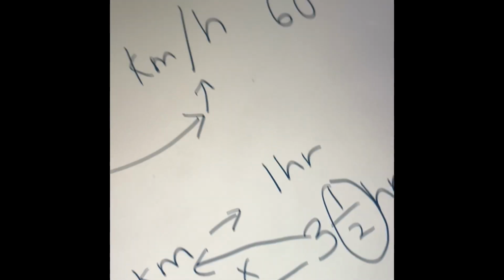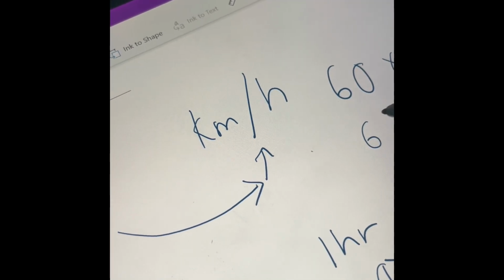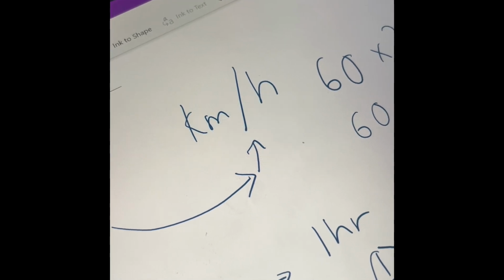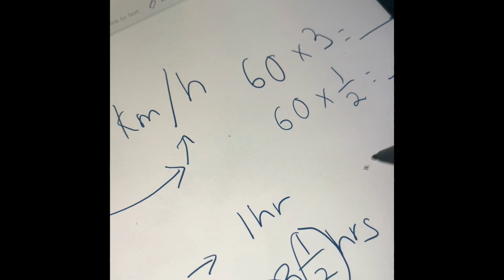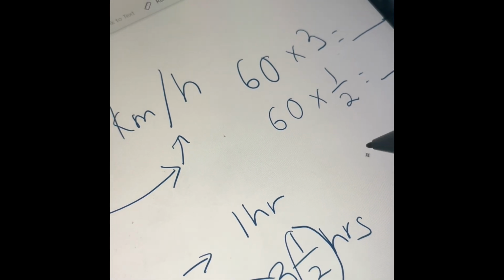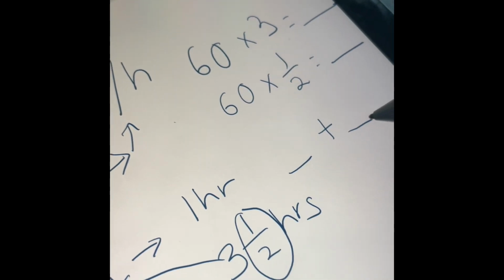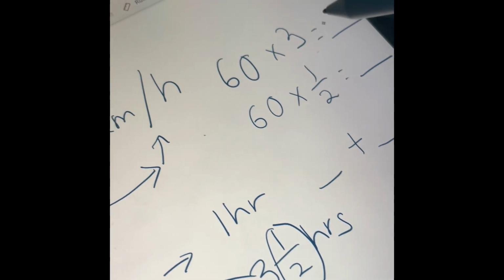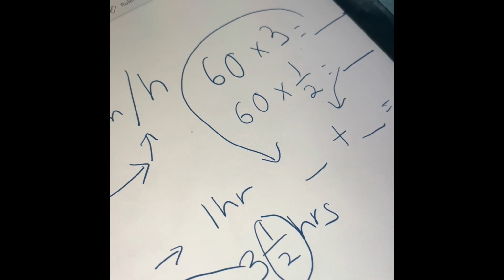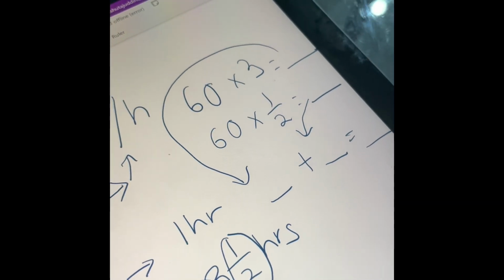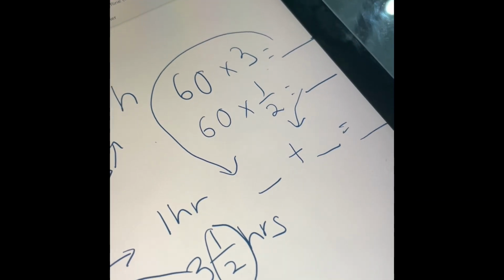And then there is still a half, right? So 60 times half, then you get the answer. And then you just add both answers. The answer you get is this answer plus this answer, then you can get the answer for 3.5 hours.